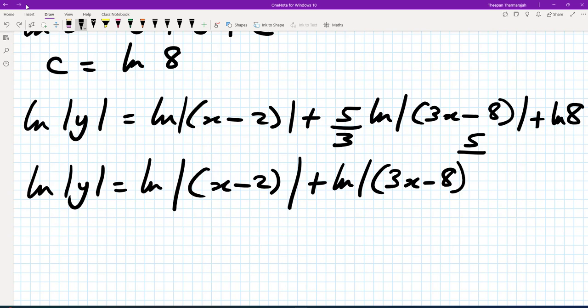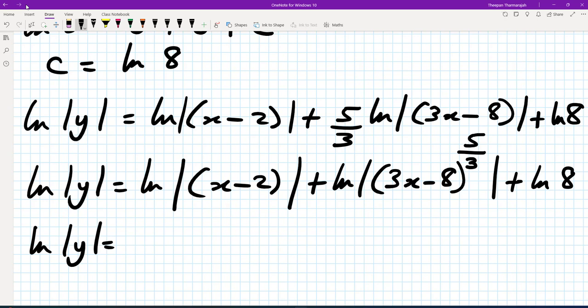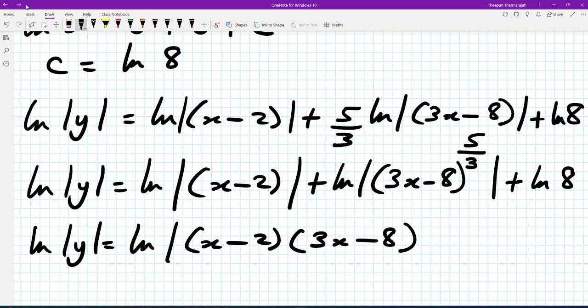And we've got also an ln 8 term. So now what we have is, from the laws of logs, we can multiply them together because they're all additions. So it's ln mod x minus 2 times 3x minus 8 raised to the power of 5 over 3.